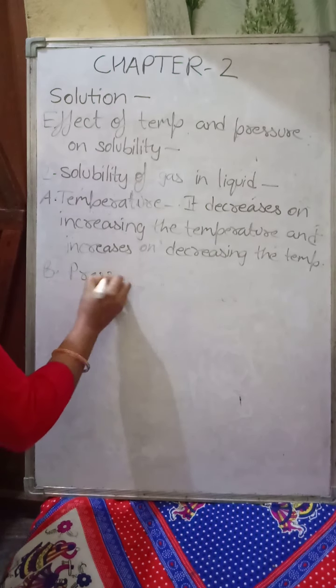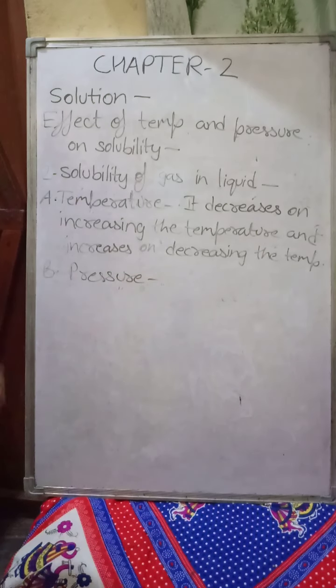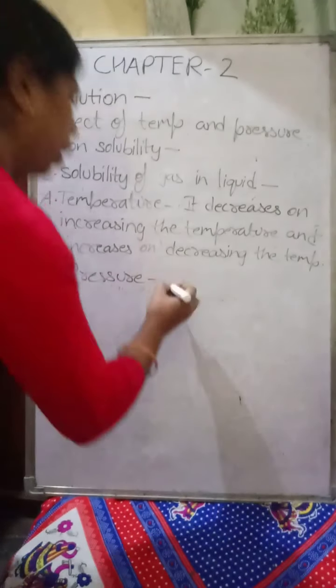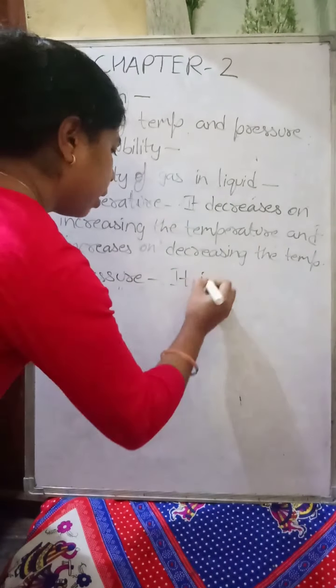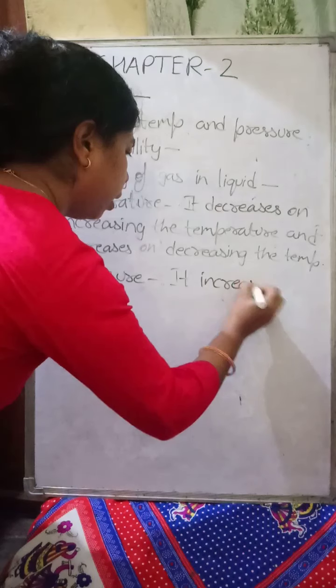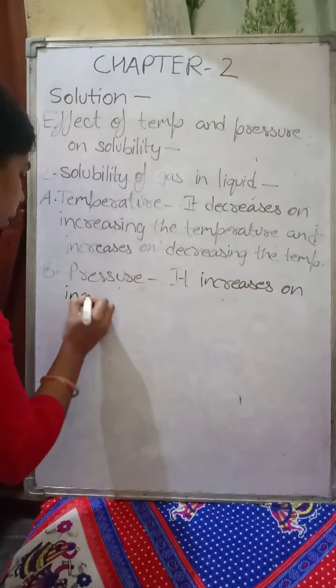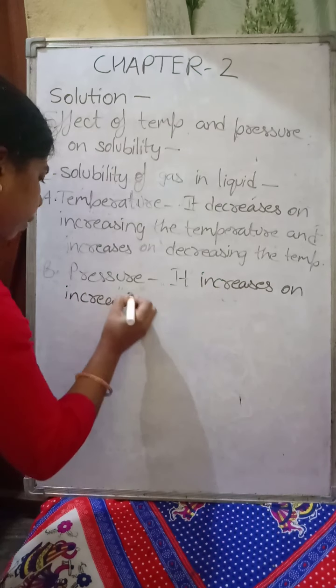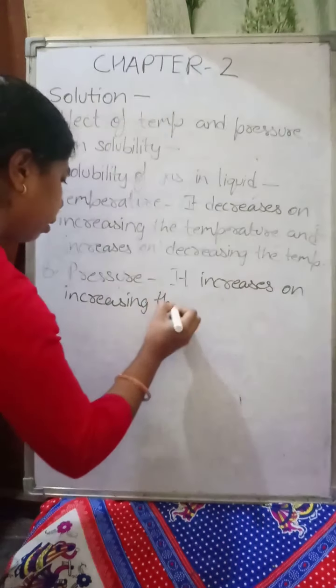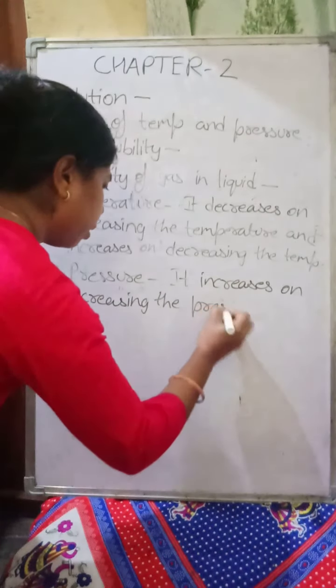Next is pressure. Next factor, pressure. Now what happens when we change the pressure in case of solubility of gas in liquid? In case of solubility of gas in liquid, the solubility increases on increasing the pressure.